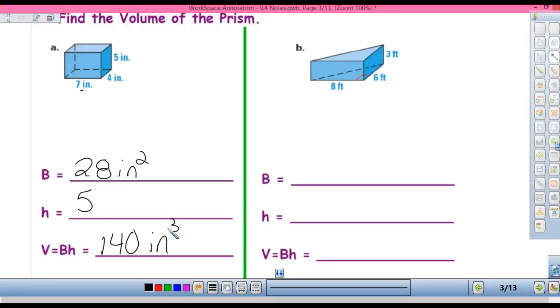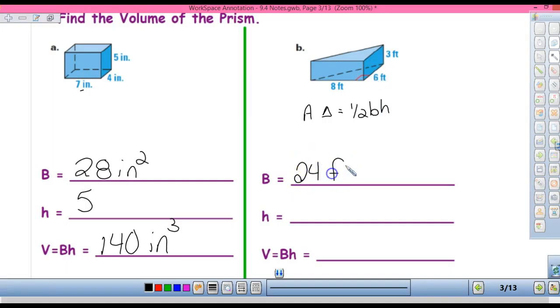Okay? This guy was on the quiz. Be careful. The base is a triangle, not a rectangle. It is a triangle. Area of the base, remember, since it's a triangle, area of a triangle is 1/2 base times height. So 8 times 6 is 48. Got to take a half of that.